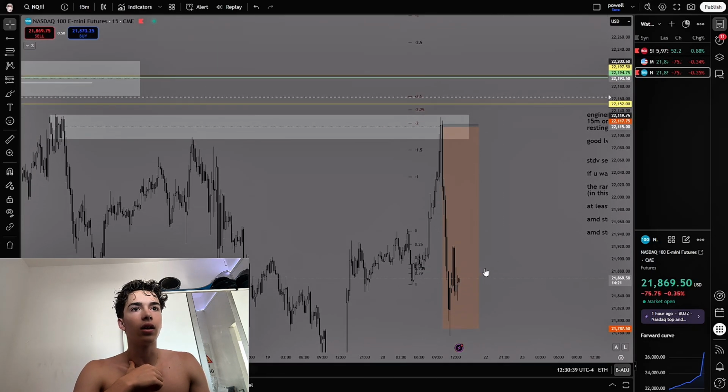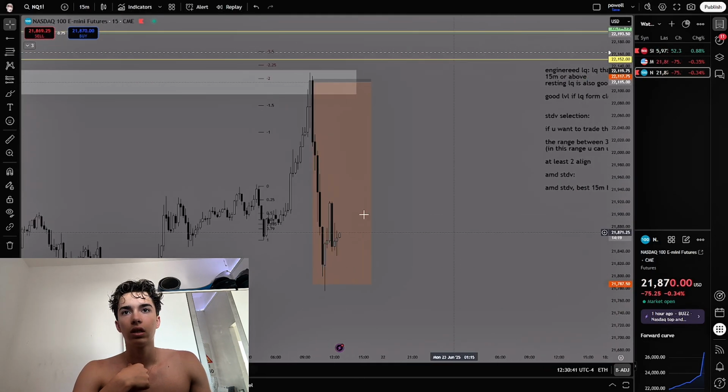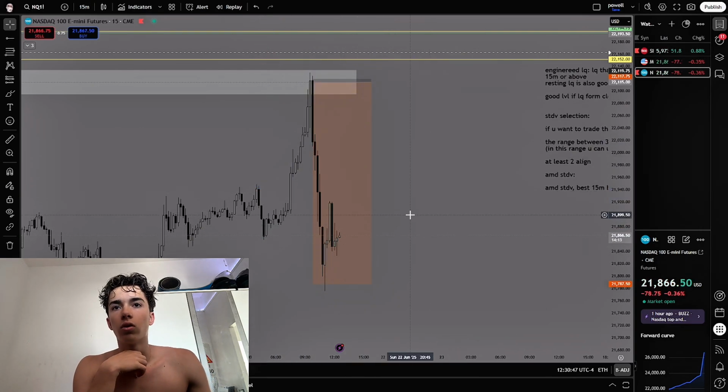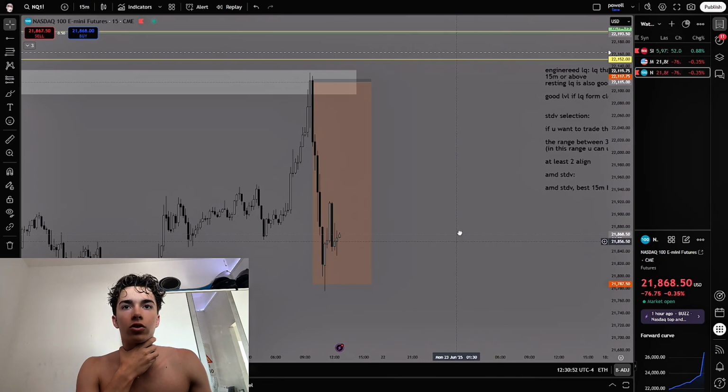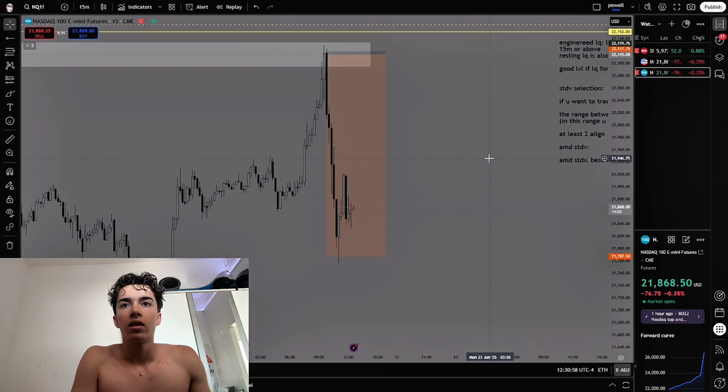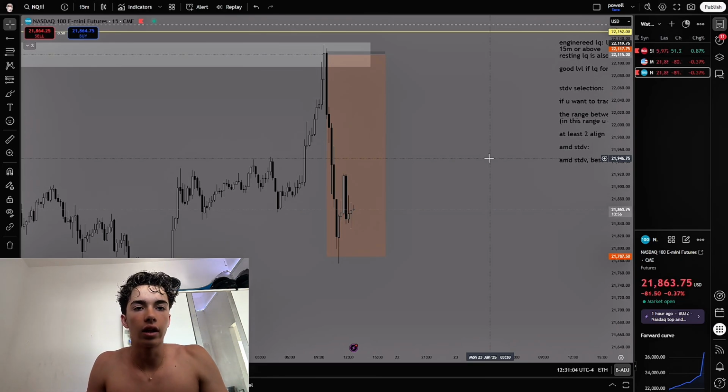Today we had a great example. Here, you know what, we will first do the AMD explanation. What is AMD STDV, AMD standard deviation? It's basically when we set up our standard deviation using the manipulation leg of the AMD.